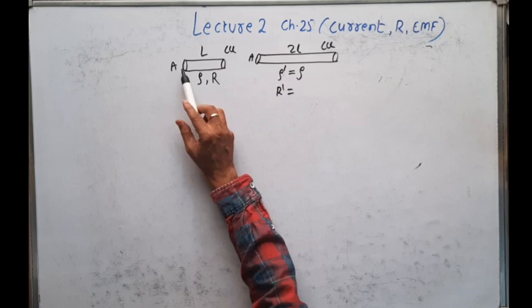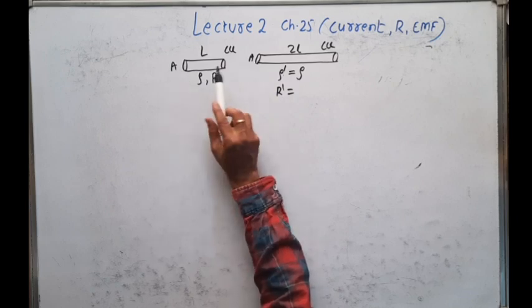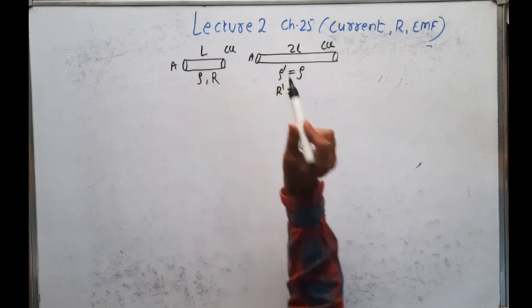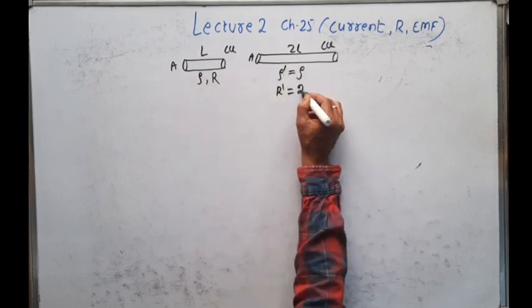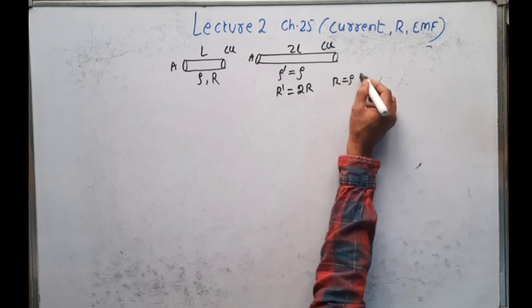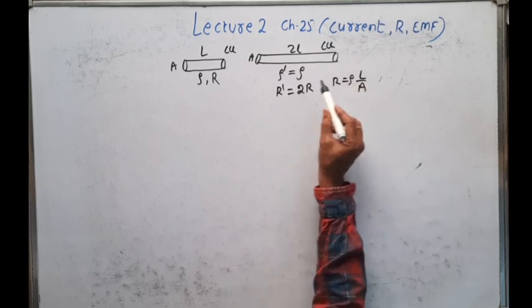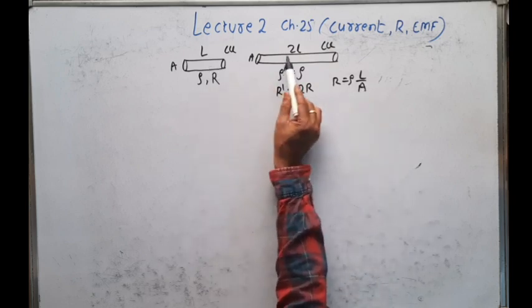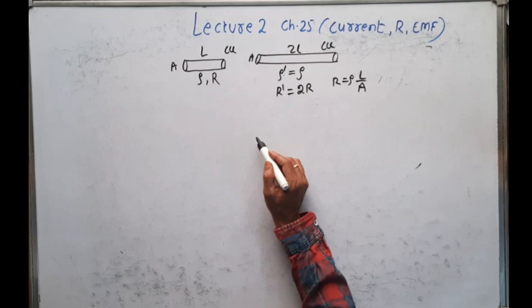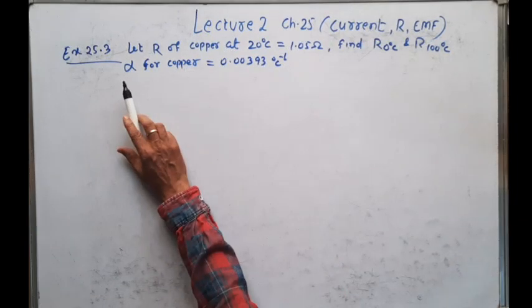Area of cross section same, rho of both are same because same material, but length is doubled. If length is doubled, resistance will be doubled because you know R is equal to rho L by A. So here rho and A for both are same, but length is double here, so resistance will be double. Okay. So this is an example.